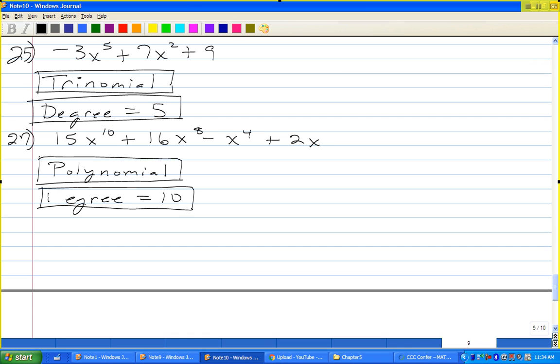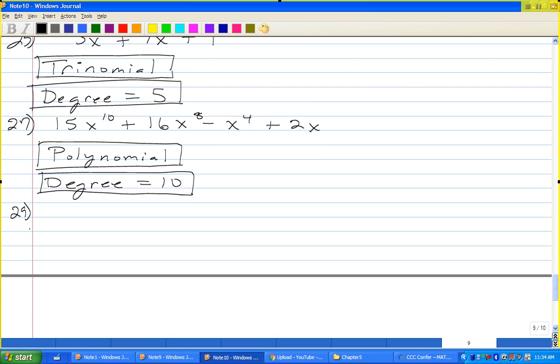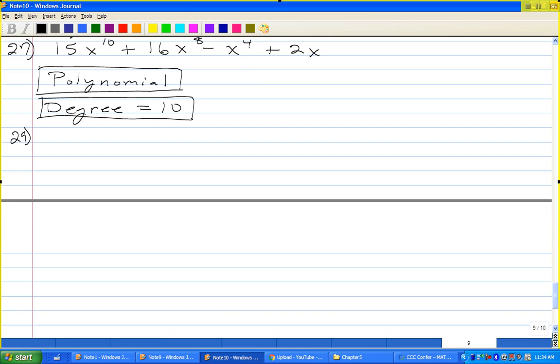Let me do problem 29. X squared plus 2x plus 1. Having a parentheses really doesn't make any difference. Maybe I should say that this is the same as x squared plus 2x plus 1.